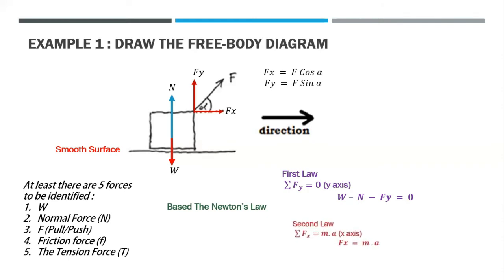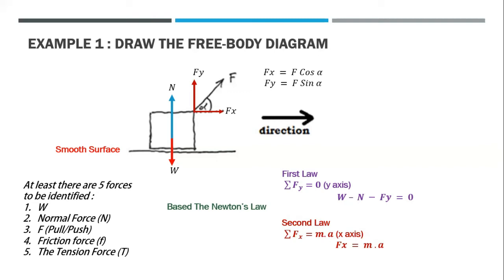Next, the second law. Sigma Fx equals m times a for the x-axis. As we know, the direction is to the right side, so the acceleration follows the direction. That's why sigma Fx equals m times a.